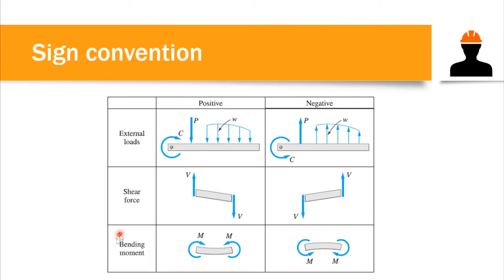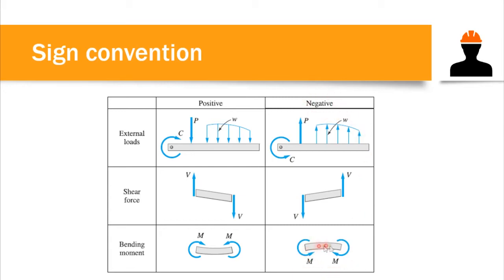Now, for internal bending moment, if our bending moment creates an upward curvature, like a smiling face or a smiley curve, then this is considered a positive moment, like this one, smiling. If our moment creates a downward curvature, like this one, or a frowning face, then that is considered negative.